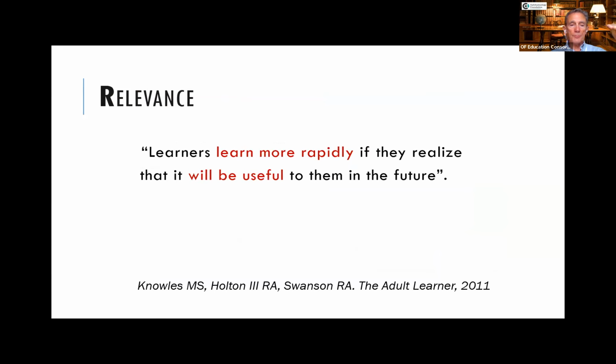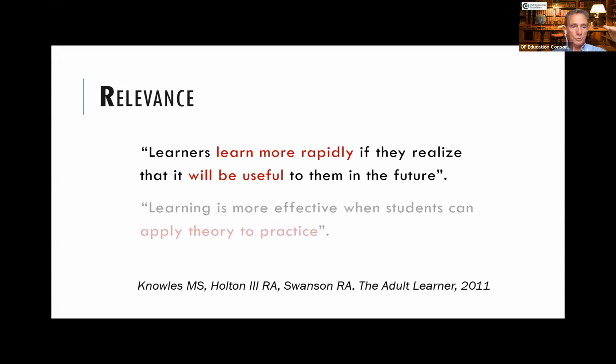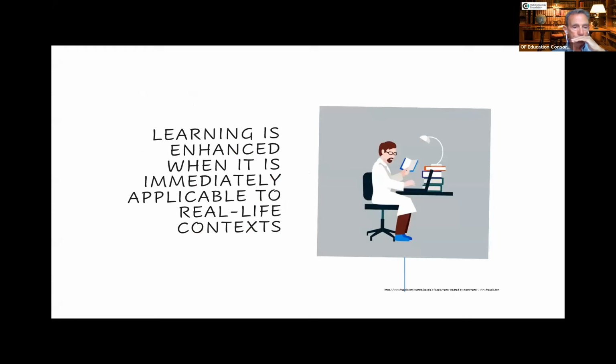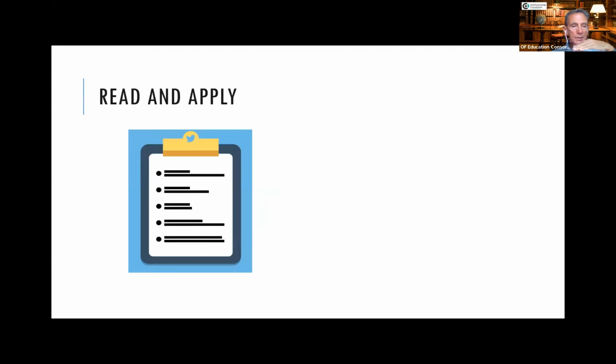They will learn more rapidly if they realize that this will be useful to them in the future. And learning is more effective when students can apply theory to practice close to it. So it's not good to read a book today and 6 months later go to surgery. When you can apply it immediately, it's better.